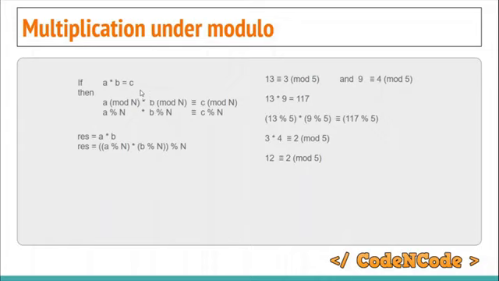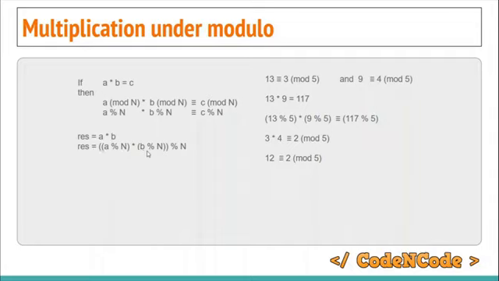If you have that equation, then instead of calculating a times b and then taking modulo, what you can do is first take the modulo of the first number, which would initially have been 10 to the power 10. If you take modulo 10 to the power 9 plus 7, or suppose 10 to the power 9, it would be less than 10 to the power 9.